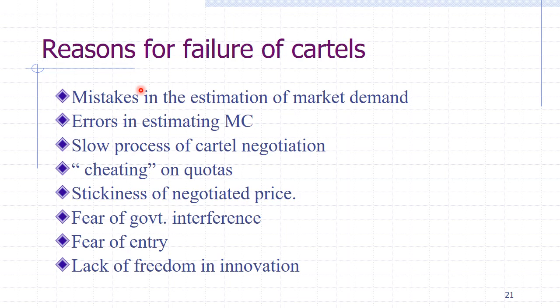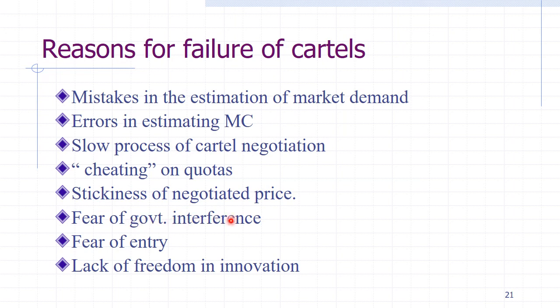So what are the reasons for these failures? Mistakes in the estimation of market demand is one reason. The second reason is errors in estimating the MC, the marginal cost. Slow process of cartel negotiation, cheating on quotas, strictness of negotiated price.